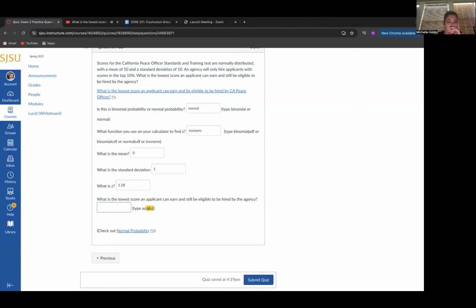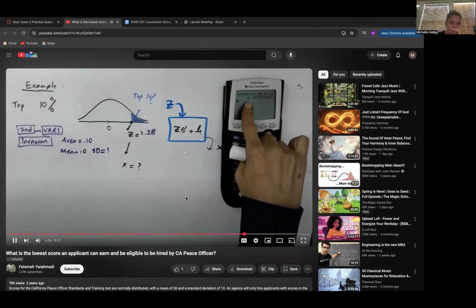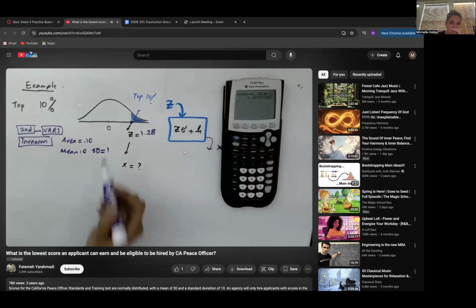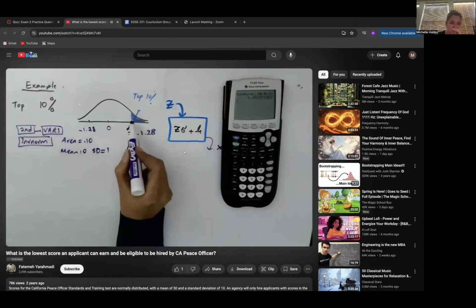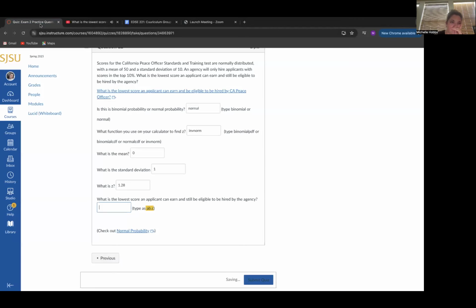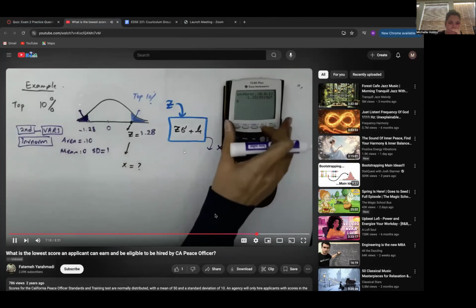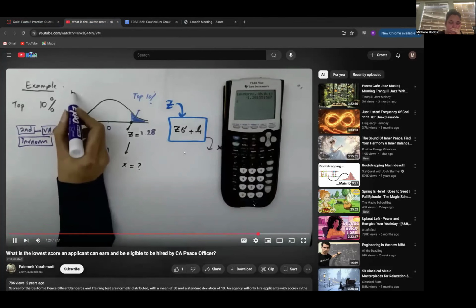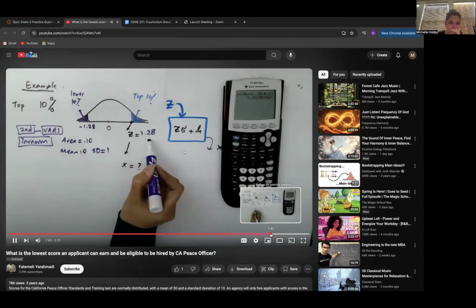I used second, vars, inverse norm. The calculator computes a negative z-score, negative 1.28, on the left-hand side. But since I have the top 10%, and this is the lower 10%, it turns into a positive 1.28.